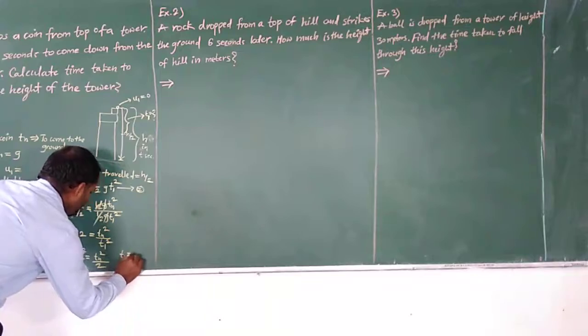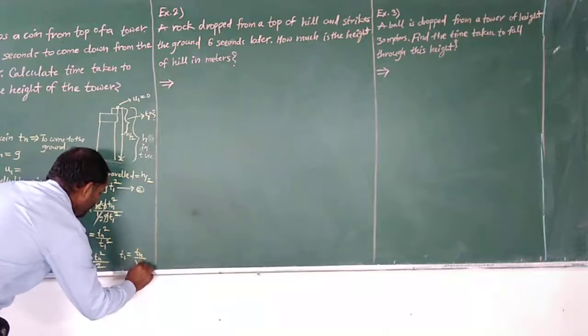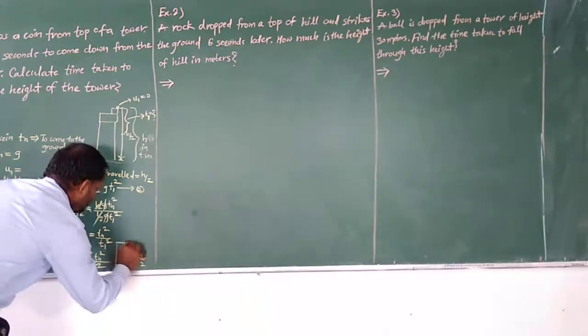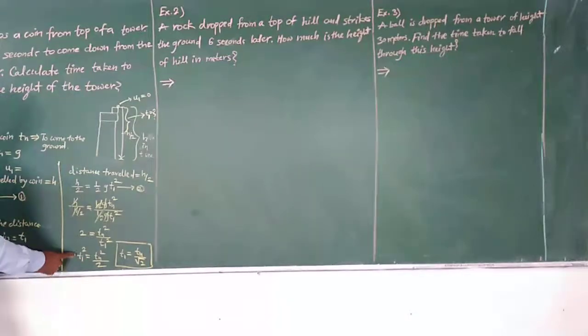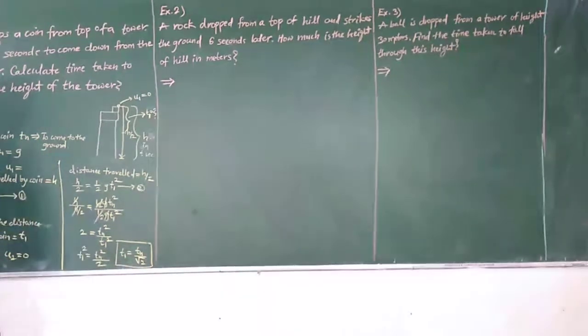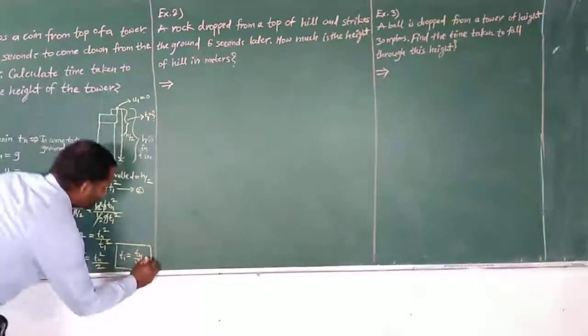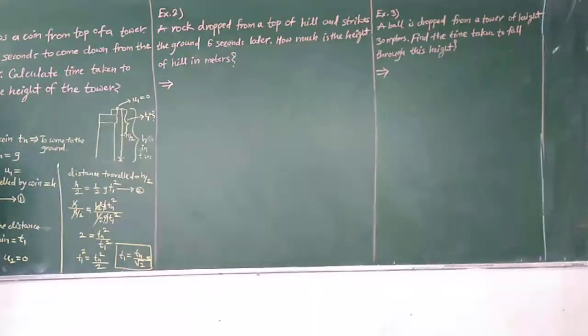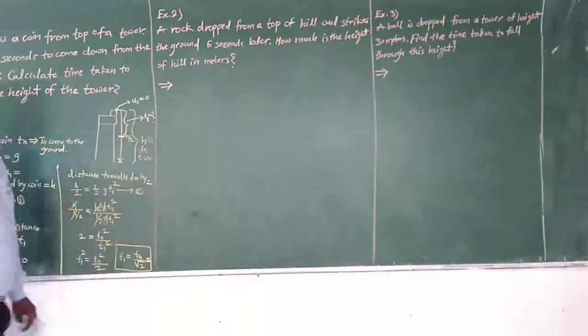So T1 is equal to Tn by root 2. So we get T1 is equal to Tn by root 2. Here T1 square goes under the square root, so Tn comes out and root 2 is in the denominator. Then the unit is second. So the time required for this coin to come to half the distance is Tn by root 2.